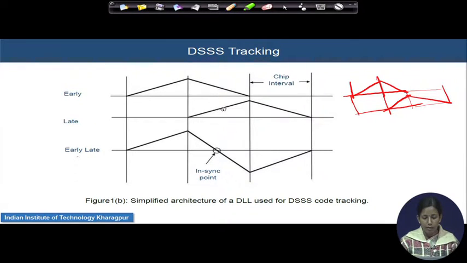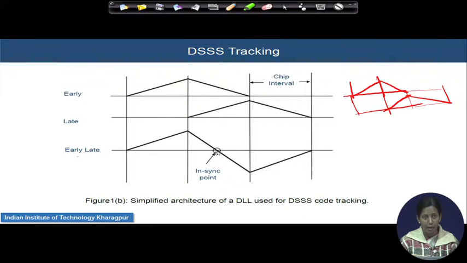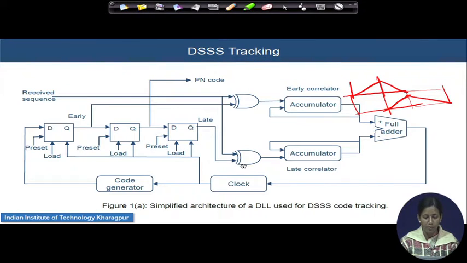Remember this in sync point: it is basically a balancing point between the early gate and the late gate. It should happen exactly at the middle of the chip duration. When it is perfect, it should happen at the center of it, if the code sequences are perfectly aligned and have the same length.